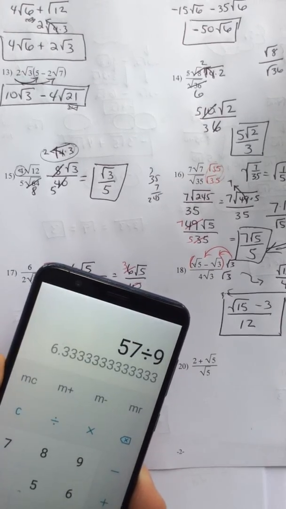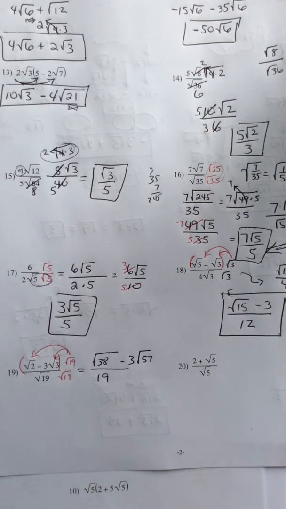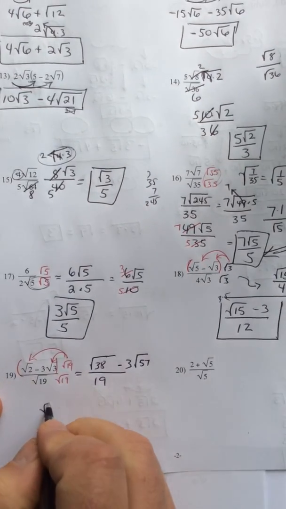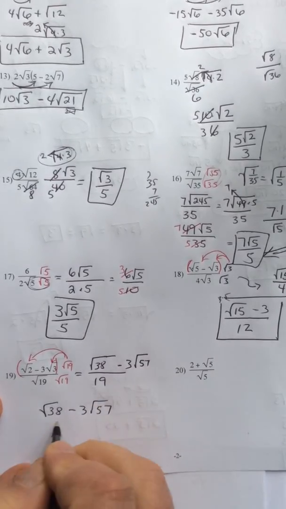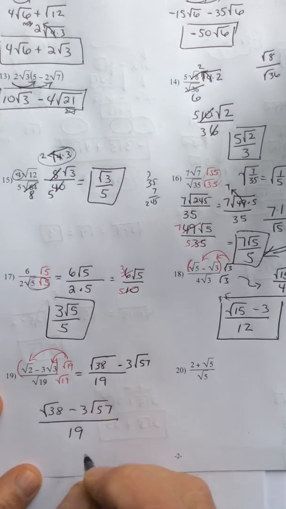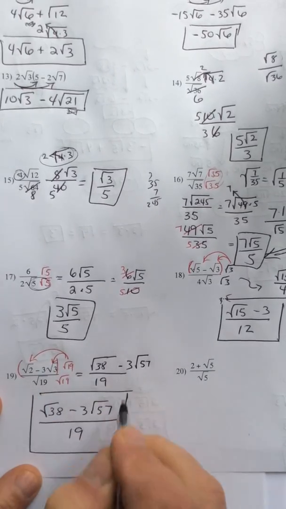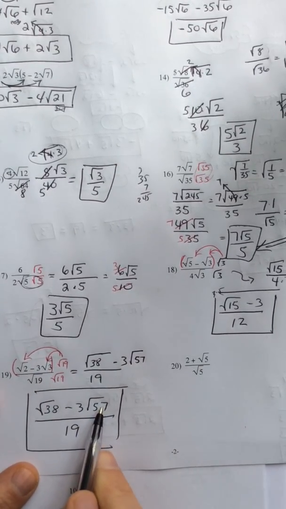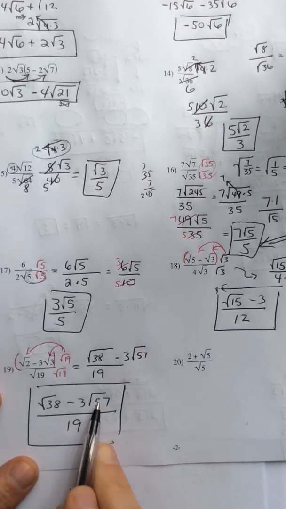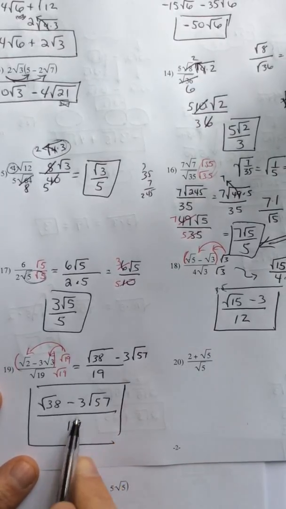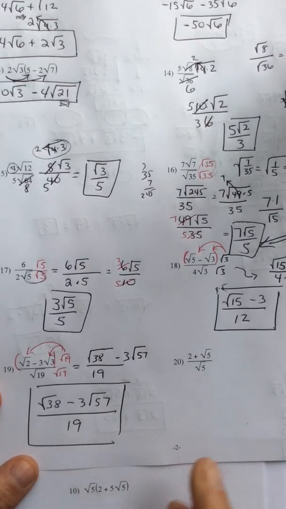So the 57 also does not have a perfect square in it. So that's it. It's the square root of 38 minus 3 square roots of 57, all divided by 19. Now 19 does not divide the 57 because this is a real 19 and that's a radical 57. So those don't go together. It's only the integer parts that go together.